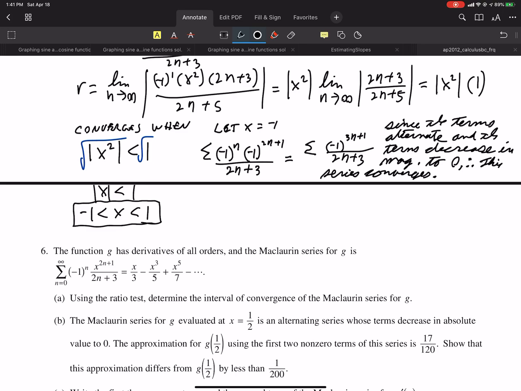So that's the alternating series test for convergence. If it's an alternating series and the terms decrease in magnitude to 0, that proves convergence for this series.